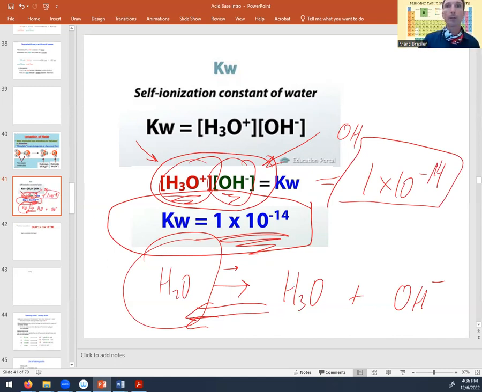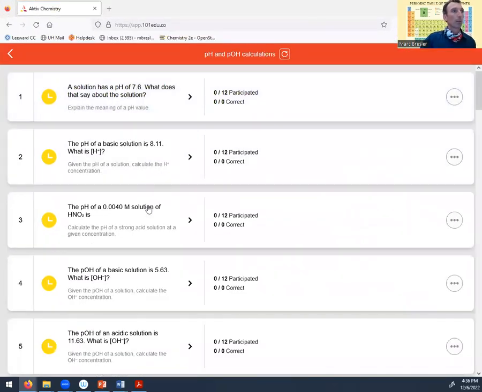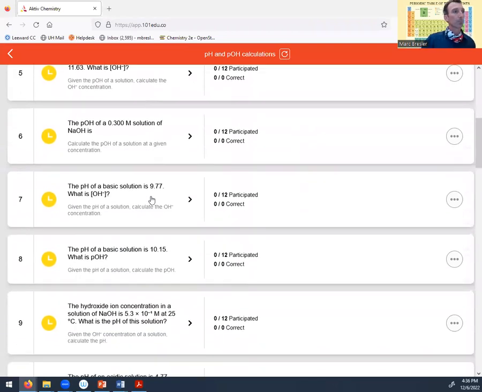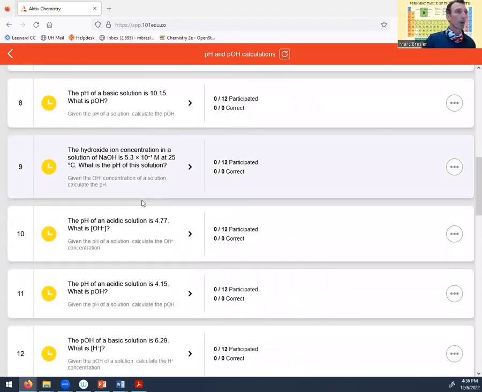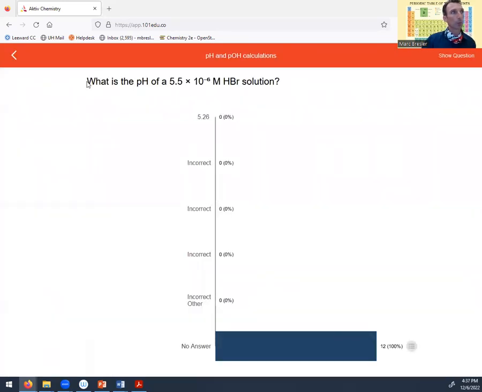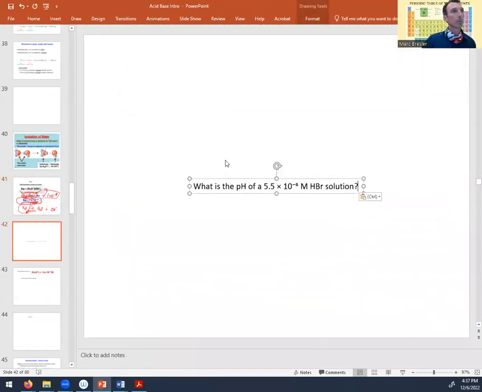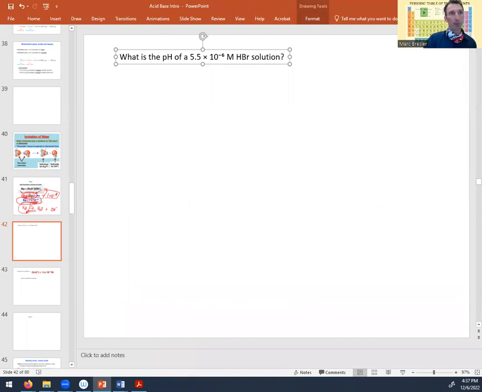So let's do some practice problems. I posted some of these on the active chemistry. For example, what is the pH of an HBr solution? Now that I mentioned it, HBr is a strong acid.